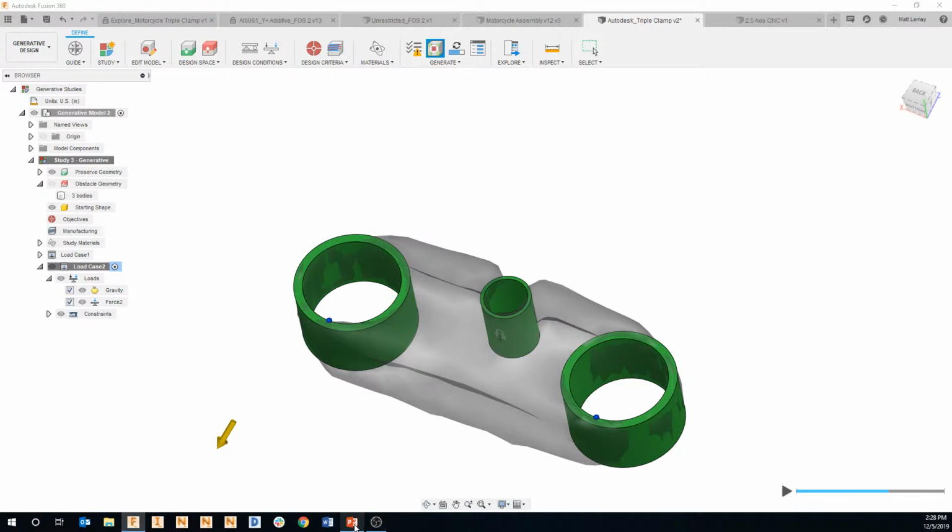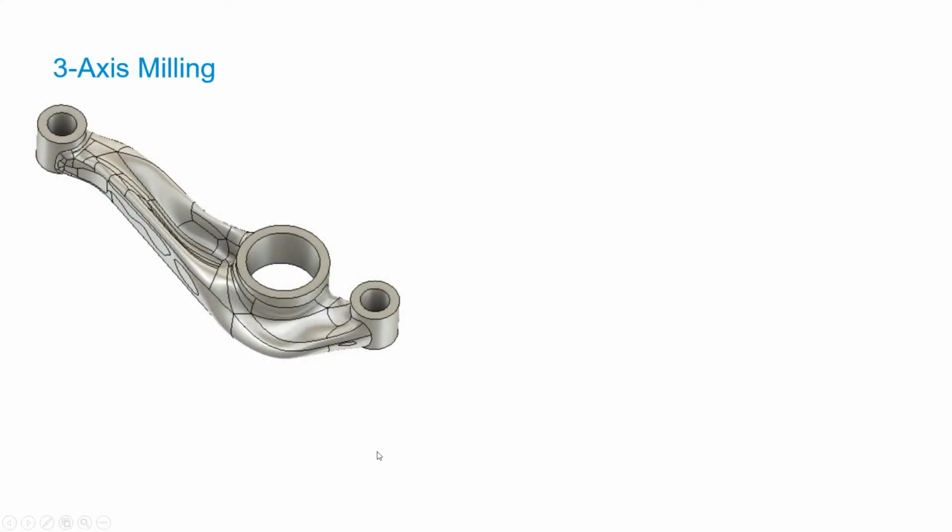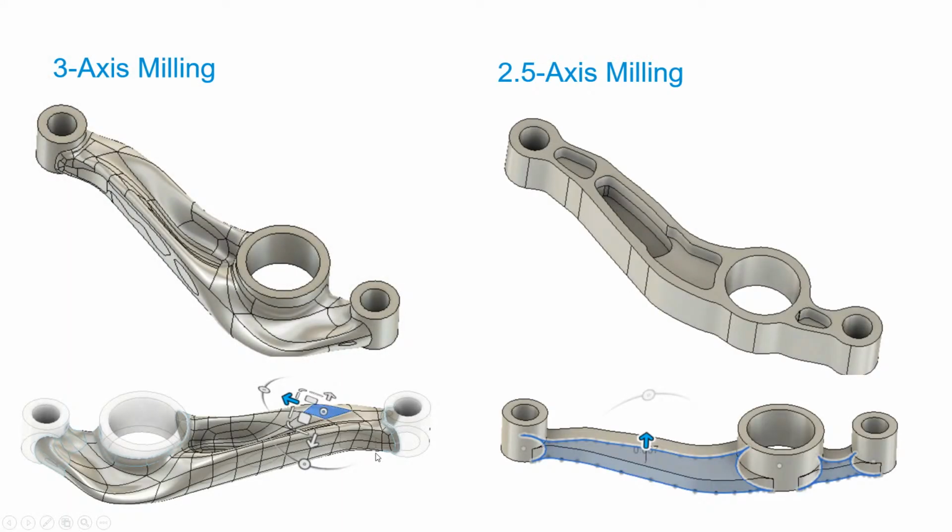Now, I want to cover a couple different things as well. So we talked about this ability to look at different manufacturing options. And this even comes into place when we're looking at 2.5 versus 3-axis subtractive manufacturing. So within generative design, again, we set up that unrestricted, the additive, casting, all these CNC options.